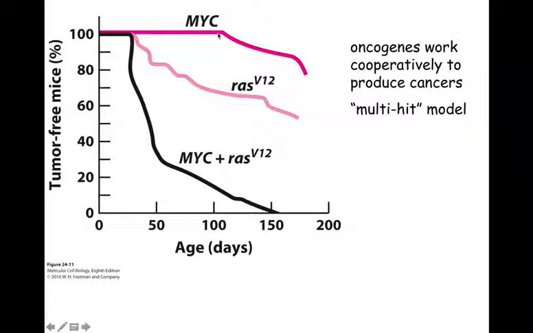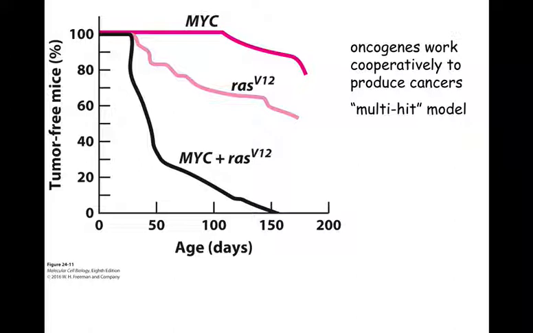And if they are expressing MYC, their life is cut short by 20% of the mice with a MYC mutation have a tumor by, say, 180 days. And if we look at RAS by itself, this is RAS as an oncogene, they start getting tumors earlier, and more of the mice have tumors by, say, day 180.